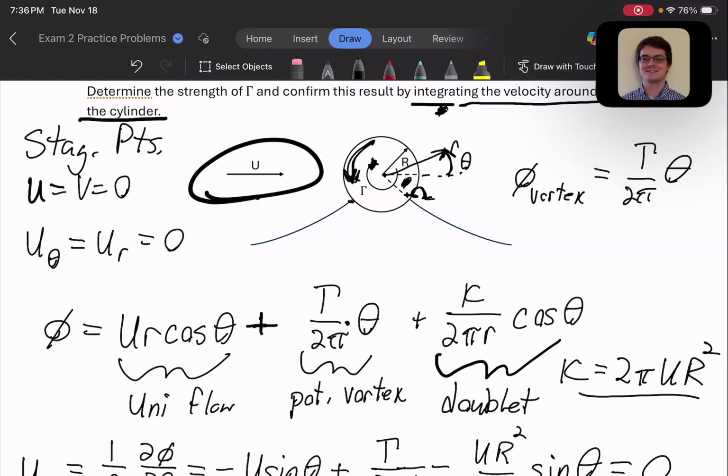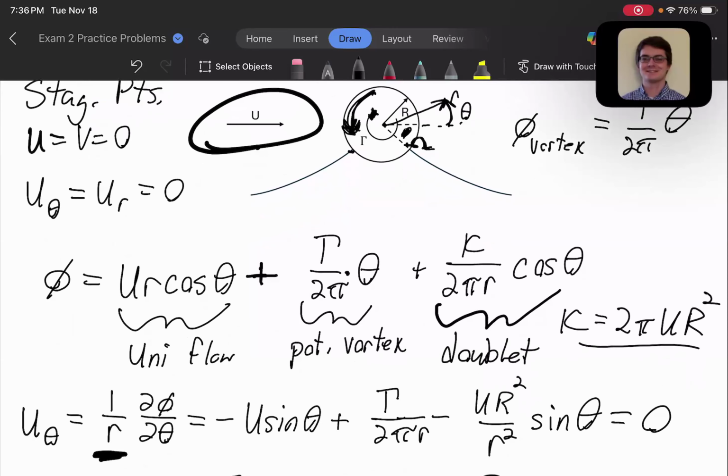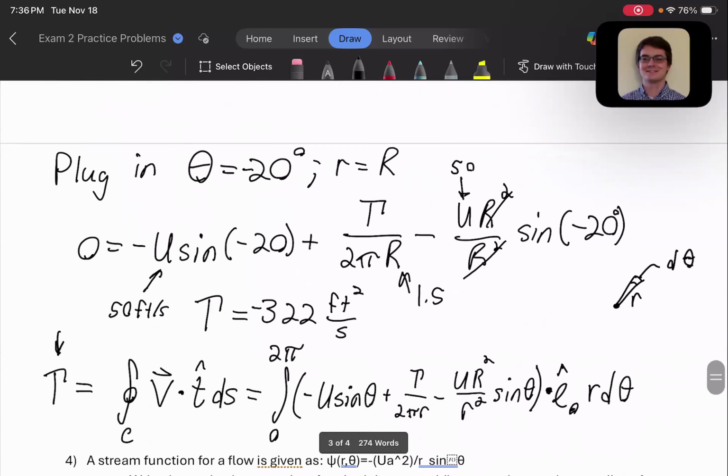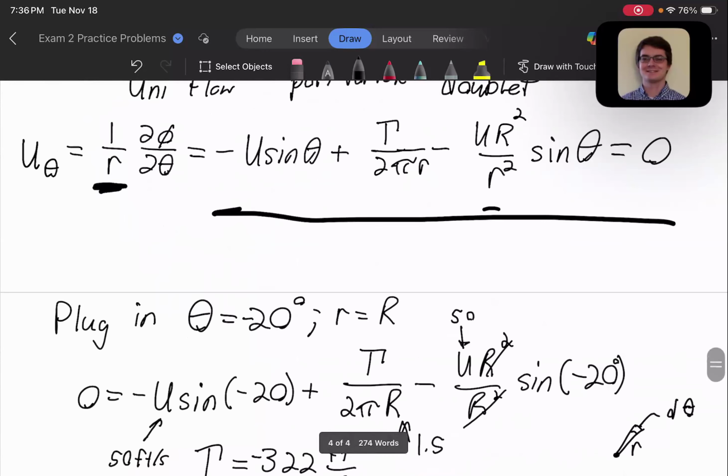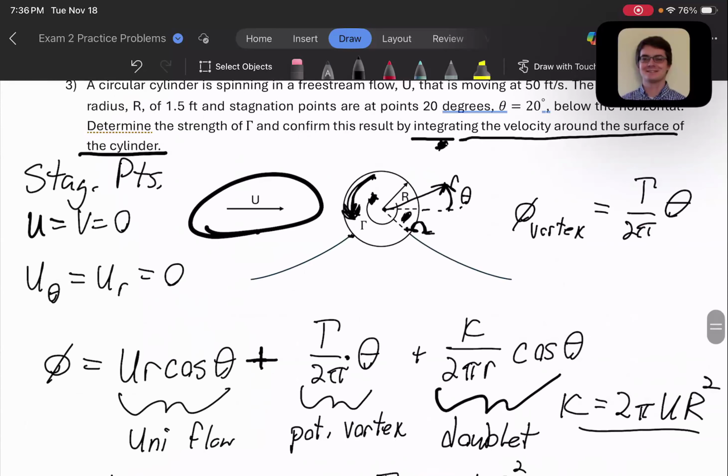Counterclockwise positive. So I'm just redefining that it's spinning this way. It doesn't matter, you're just going to get a different sign at the end. Rather than putting a negative at the front to flip it, we're just going to define it going the other way and let everything shake out. That's why we end up getting a negative number here at the end, negative 322, because it's spinning opposite of how we're defining it spinning.